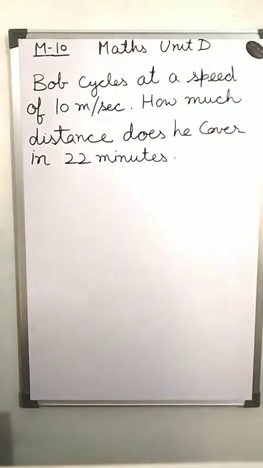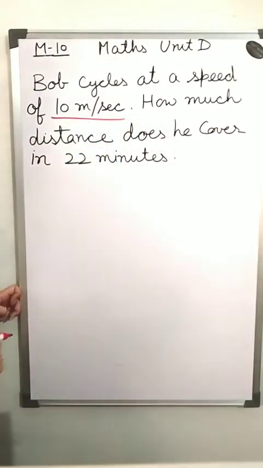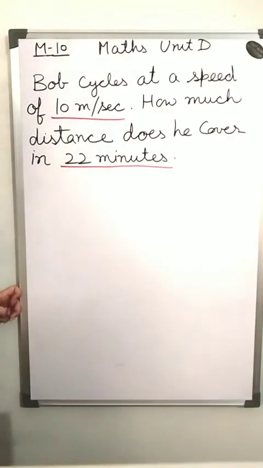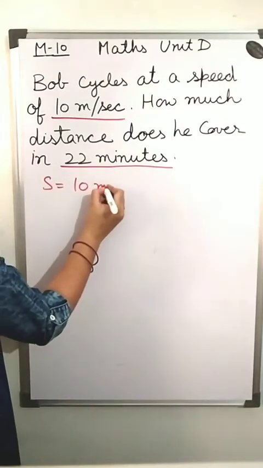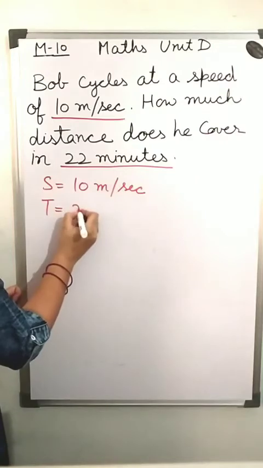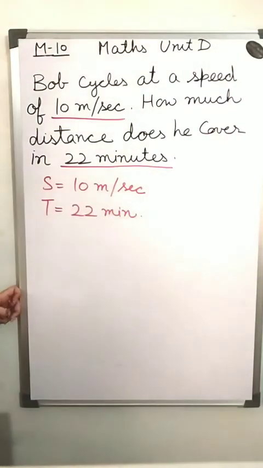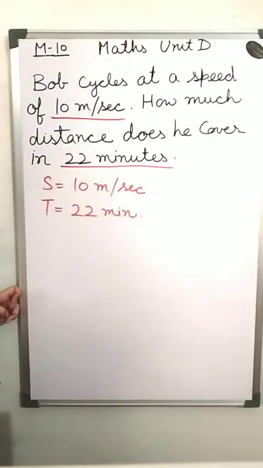Here the next question is, Bob cycles at a speed of 10 meter per second. How much distance does he cover in 22 minutes? So speed is equal to 10 meter per second and time is 22 minutes. Here the time is in minutes and speed is in meter per second.